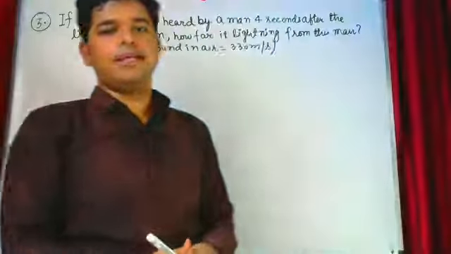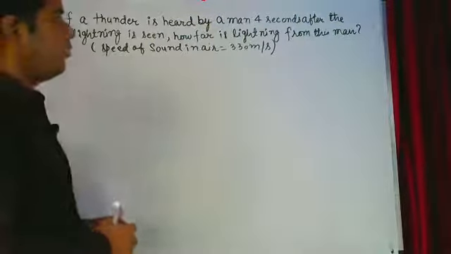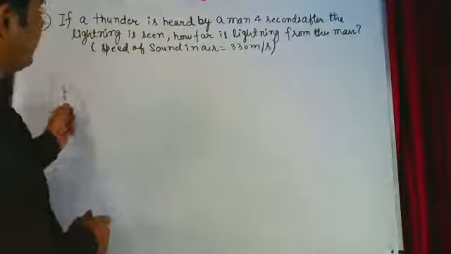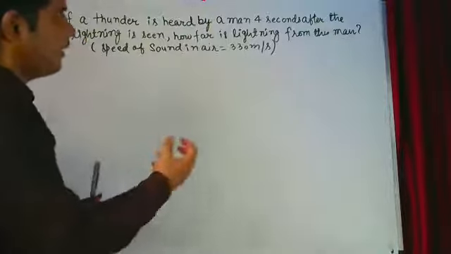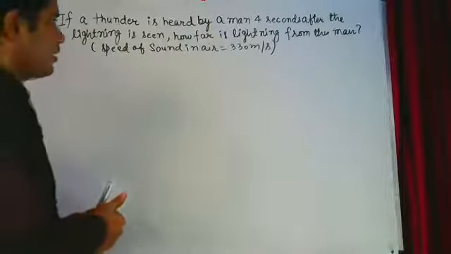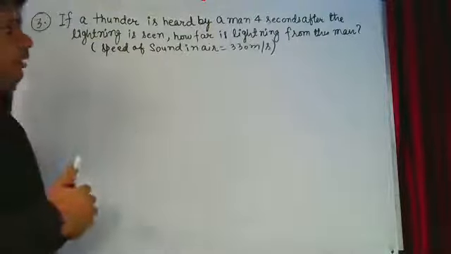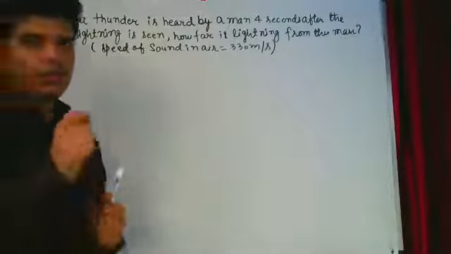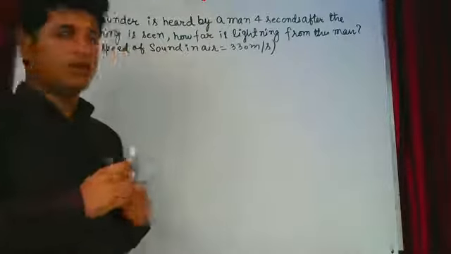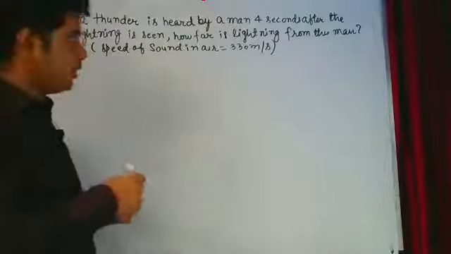So the next question is, if a thunder is heard by a man 4 seconds after the lightning is seen, how far is the lightning from this man? It means I have to find the distance between the man and the place where the lightning happened. We know the speed of light is very large and the speed of sound is very small as compared to the speed of light.